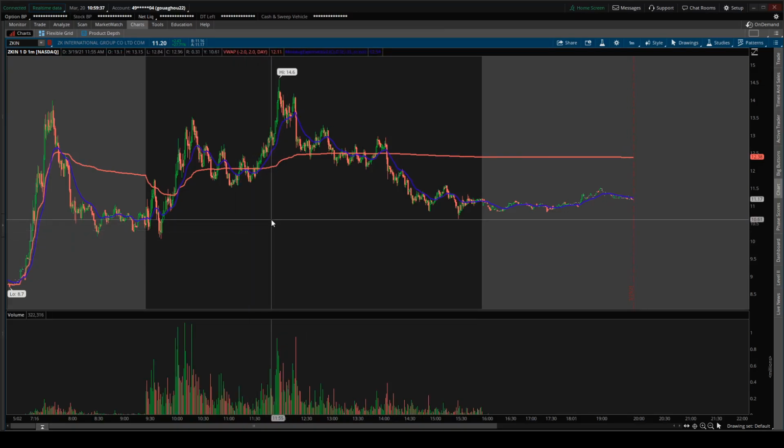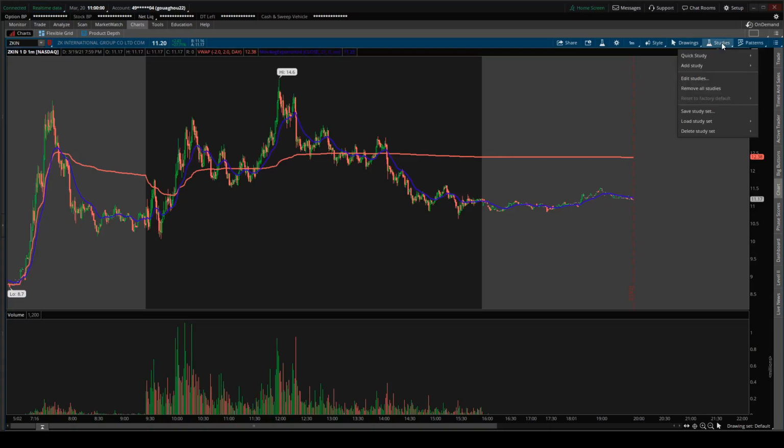And so I'll try to draw my lines. And before I start doing this, I'd like to remind you that I only use a couple of indicators, and I rely mainly on price action. I don't use lots of indicators, but you can use lots of indicators if you want.